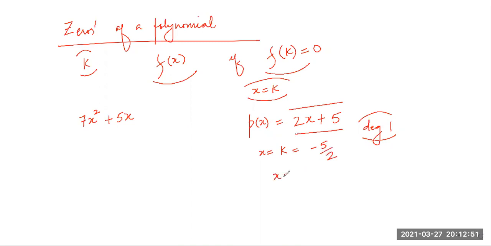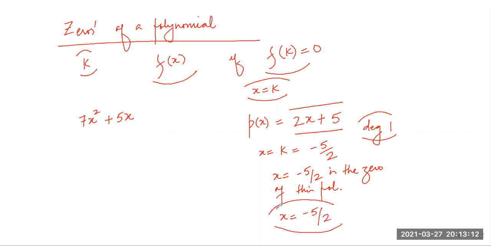So x is equal to minus 5 by 2 is the 0 of this polynomial. It's interesting to see that x is equal to minus 5 by 2 is the only 0 of this polynomial.